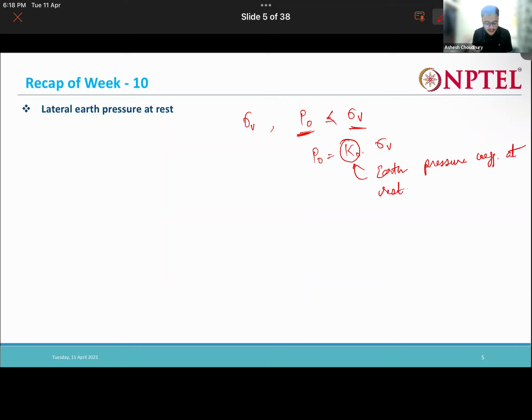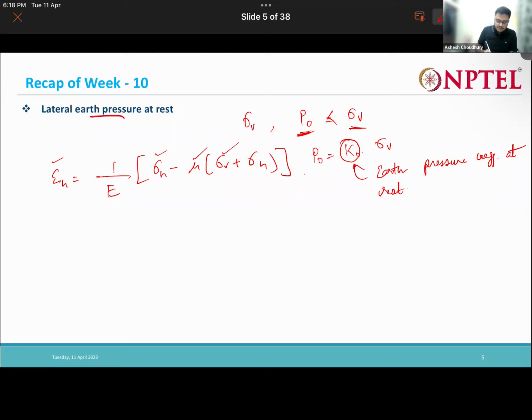Right. So what we know, we can write down that our lateral strain is nothing but, from Hooke's law, the horizontal stress minus Poisson's ratio times the vertical stress plus the horizontal stress, divided by E. Right? This is the horizontal strain, the horizontal stress, the vertical stress, and this is my Poisson's ratio.